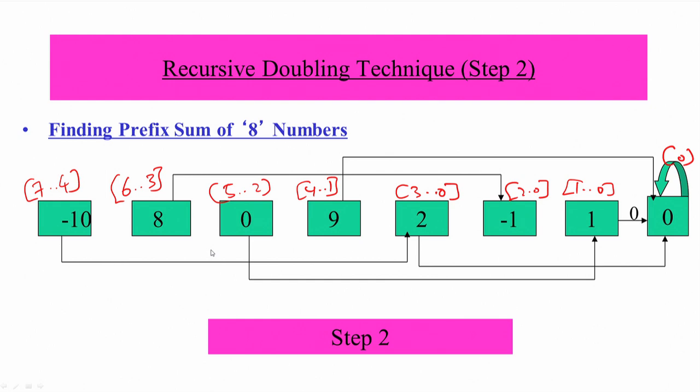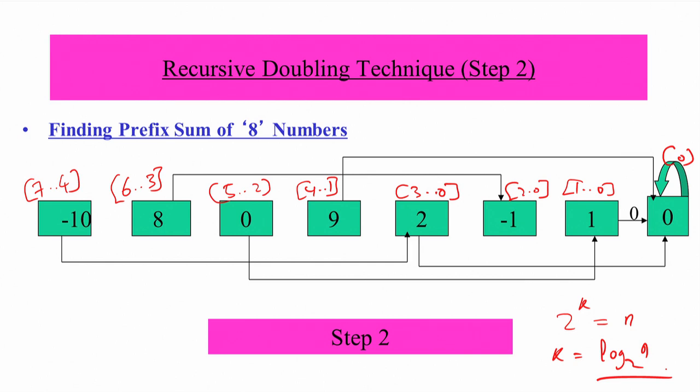So at the end of k steps I will be pointing 2 power k away, so I stop when 2 power k is equal to n, so that means k is log n. Note that all the operations I do in parallel, correct.